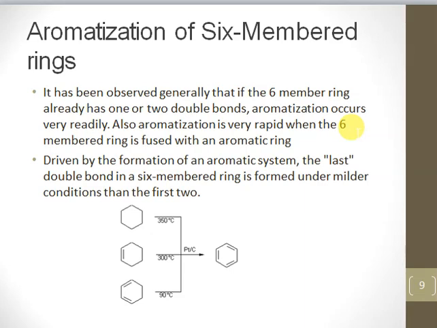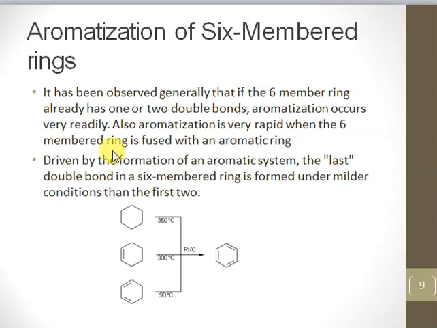You can predict why it's so, because if a system is already aromatic or attached to an aromatic ring, then it has the tendency to cause an extension in conjugation, right? So if a system already has a double bond or two double bonds, or if a 6-membered ring is attached to an aromatic ring, then because of the decreased energy barrier and the tendency towards aromatization, the aromatization becomes very rapid.